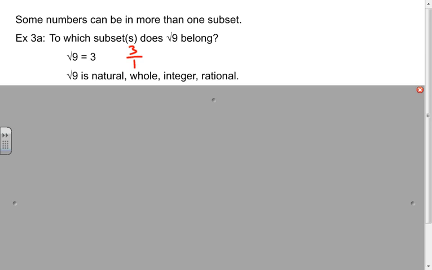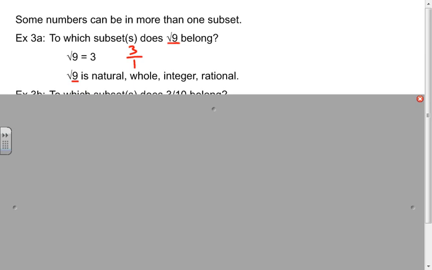So, try to simplify what they give you first. So the square root of 9 is 3, and then figure out what that number would be, and then rewrite it with the original problem in it. So the square root of 9 is natural, whole, it's an integer, and it's rational. It's in 4 subsets.